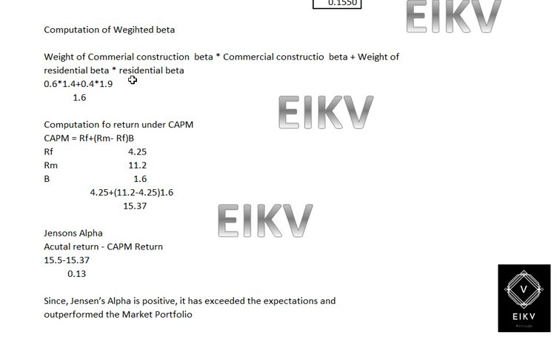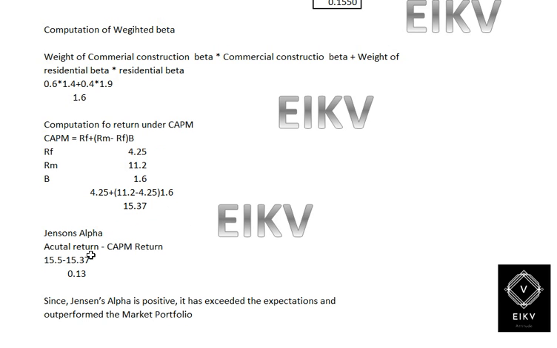First of all, we found the weighted beta to compute the actual beta of the company. After that, we can compute the CAPM. So the CAPM would be RF plus RM minus RF into beta. RF would be 4.25, RM would be 11.2, and beta would be 1.6. Therefore 4.25 plus (11.2 minus 4.25) into 1.6 will give you the return of 15.37.